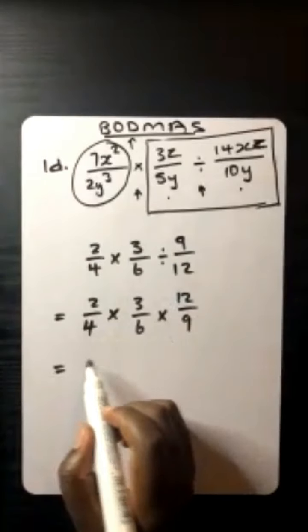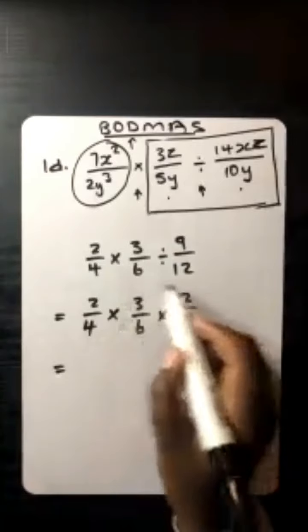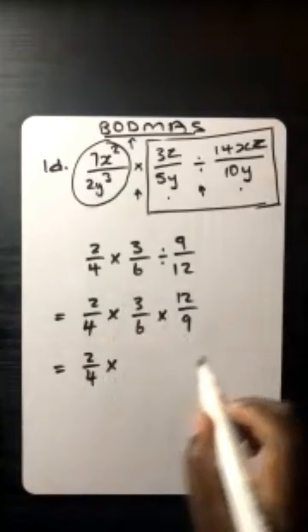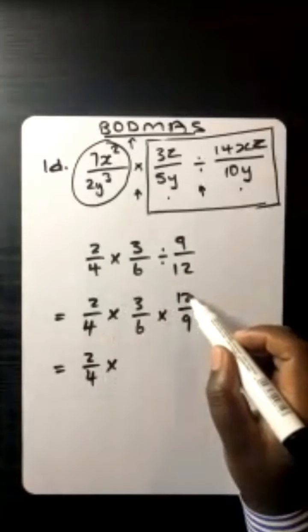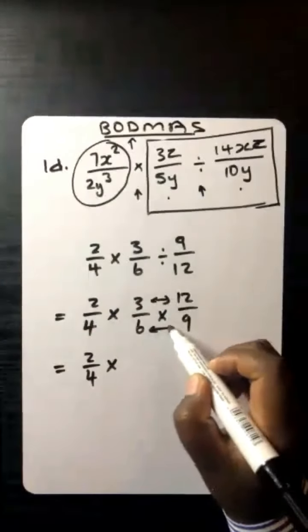So now that we have got all of that, let's first work out that one. Say 2 divided by 4 multiplied by... then we can say, what is it? Is that multiplied by that, that multiplied by that?